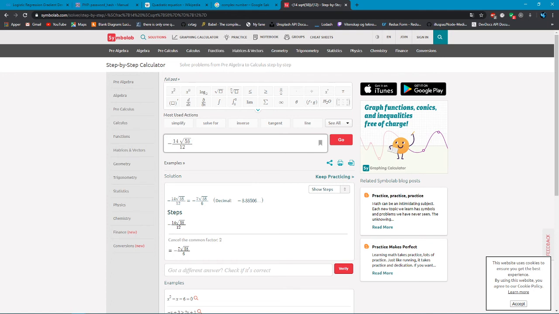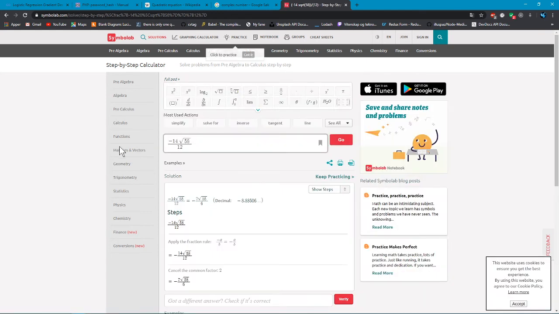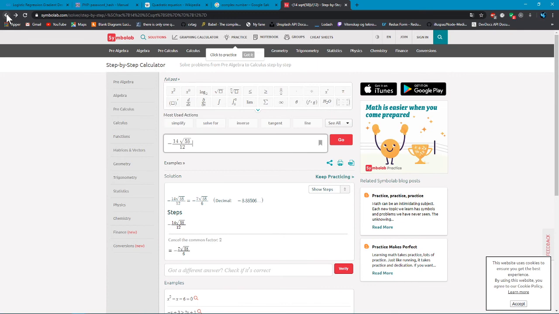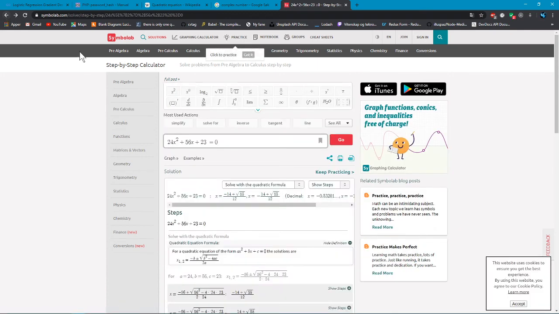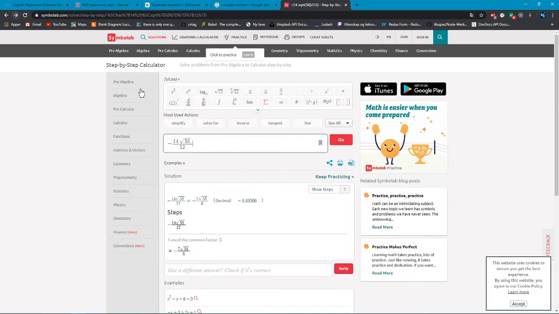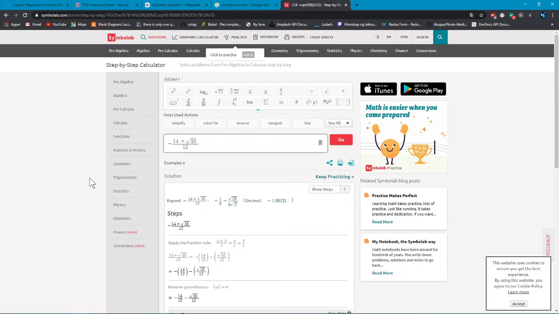I think it's not the correct input. We need to say minus here instead. Wait, why did we get that? Oh yeah, we missed it. We need to say positive plus 50. So if you see, we got this.